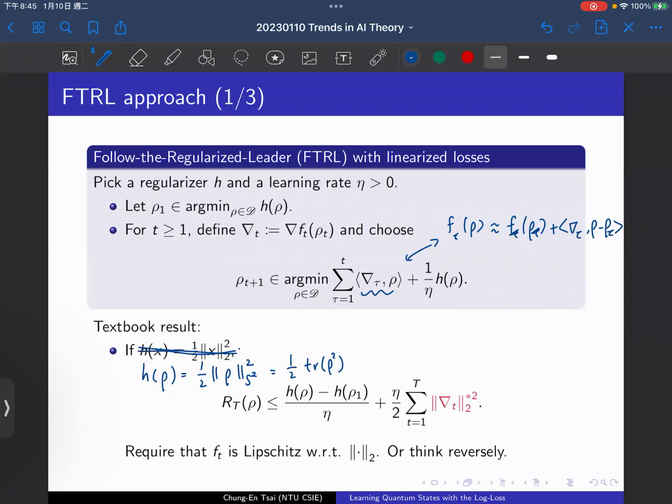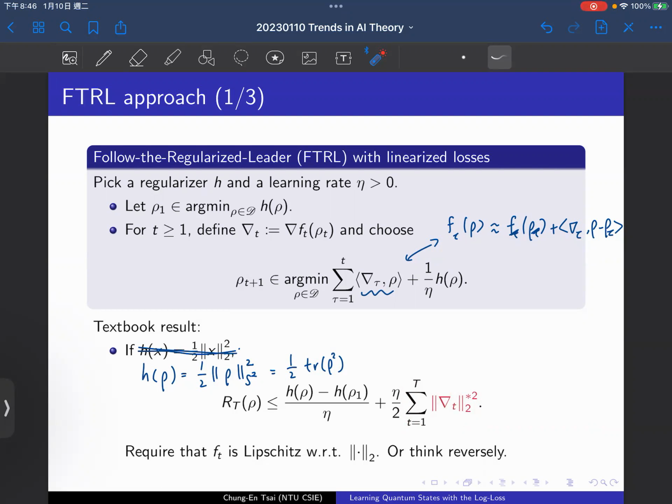Then the regret will be upper bounded by H(rho) minus the minimum of H(rho_1) over eta, plus 2 over eta times the summation of the dual norm square of the gradient.